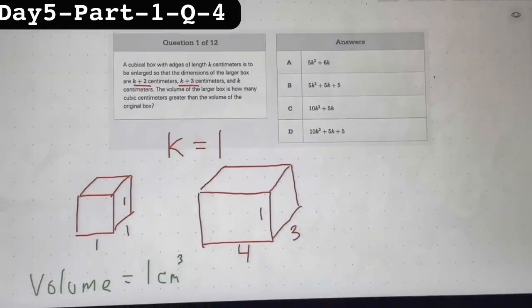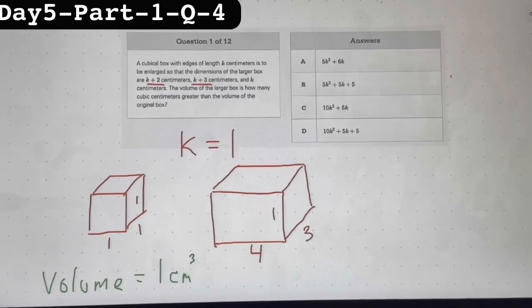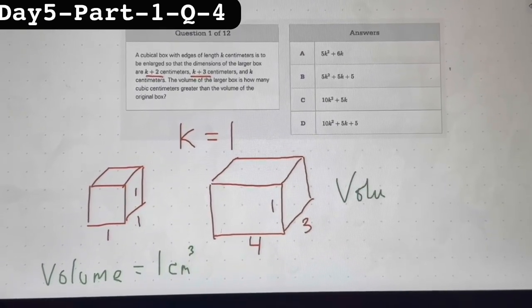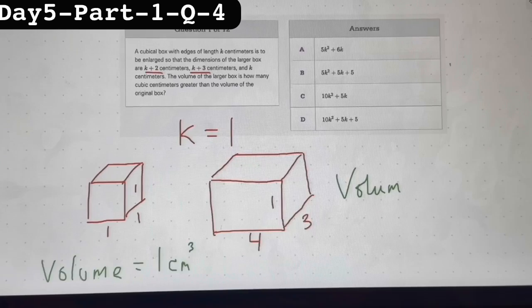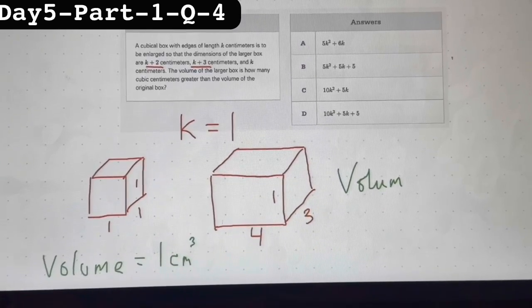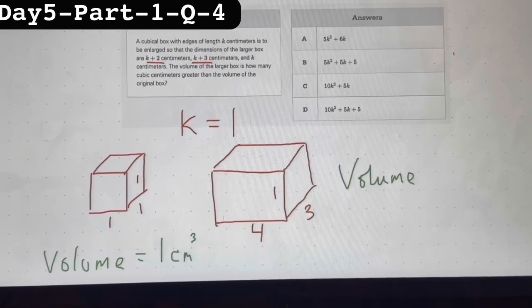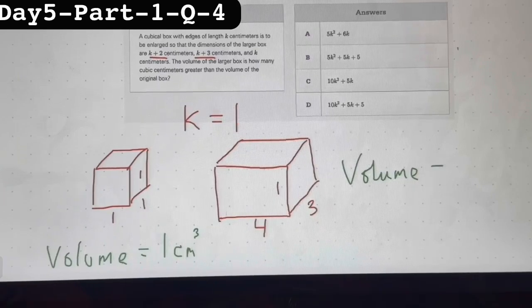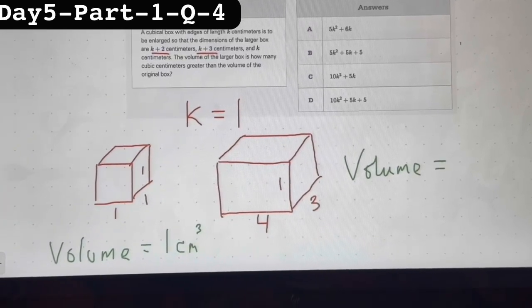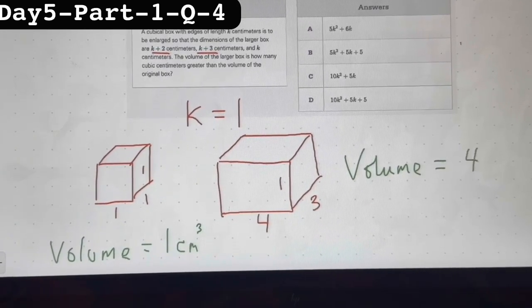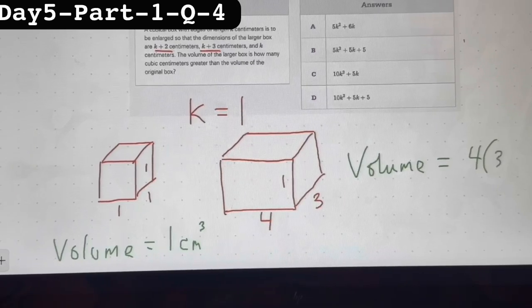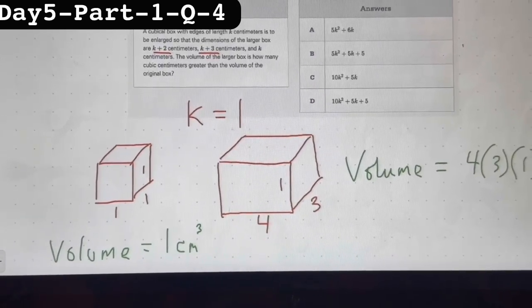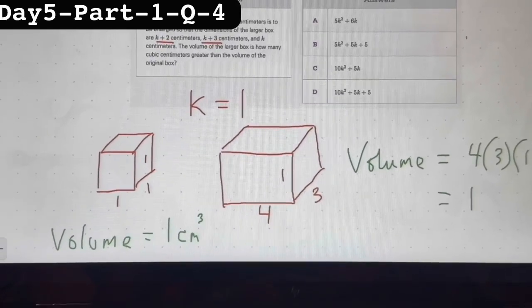So what's the volume of this larger rectangular box? Remember, it's length times width times height, so it's 4 times 3 times 1, which is 12.